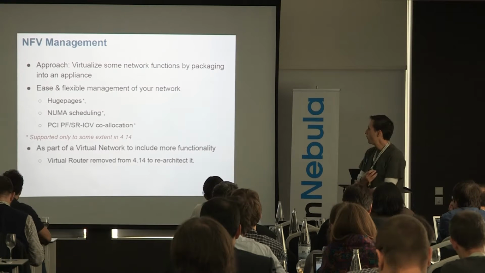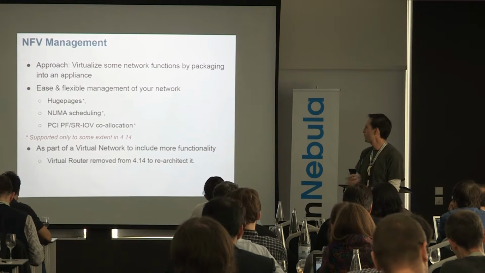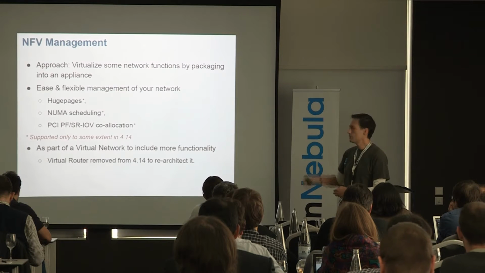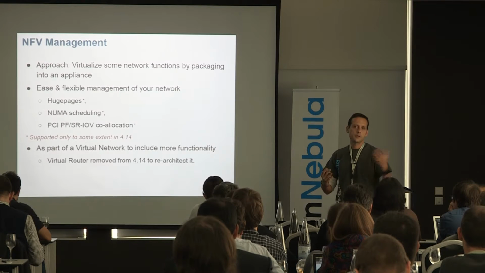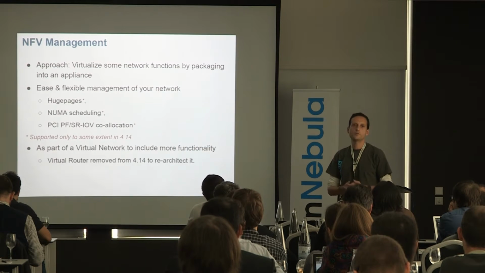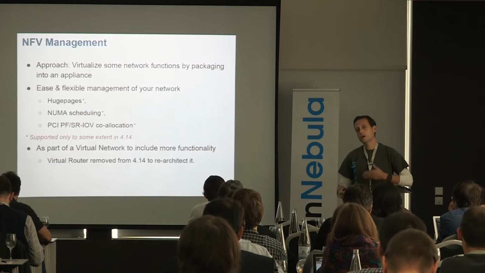But also, one of the nice things we've done, thanks to our friends from CESGA, is PCI pass-through. In the last release, you can use your GPUs directly from your VMs. That's a nice feature, because if you use the PCI device directly, you can have more performance.